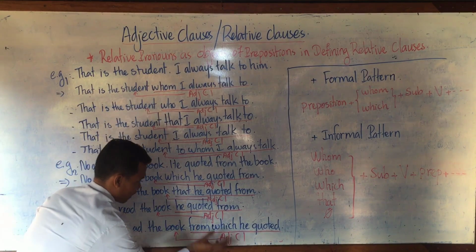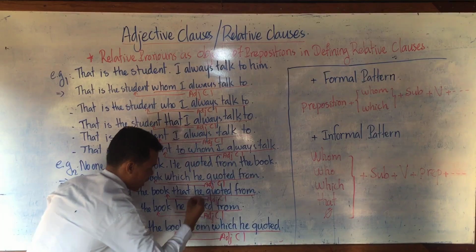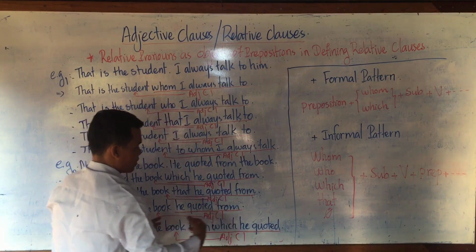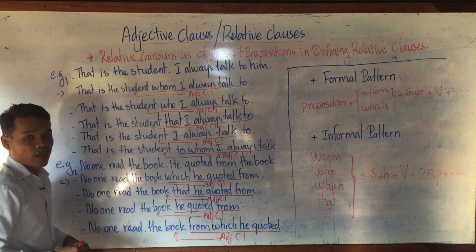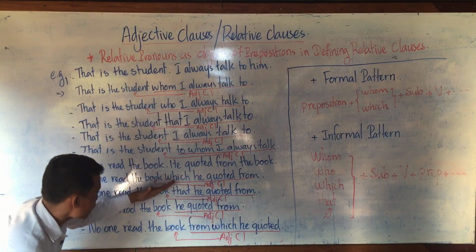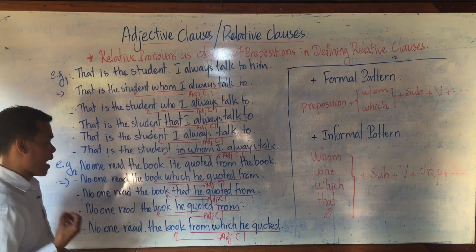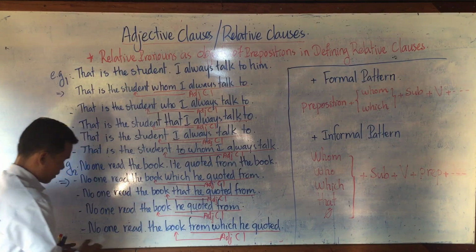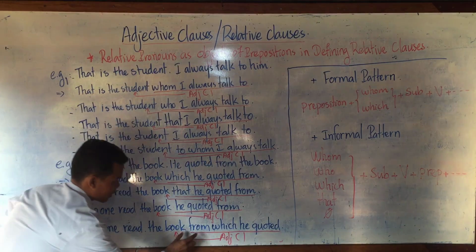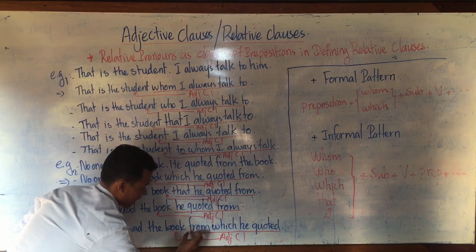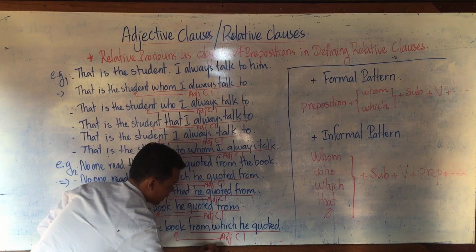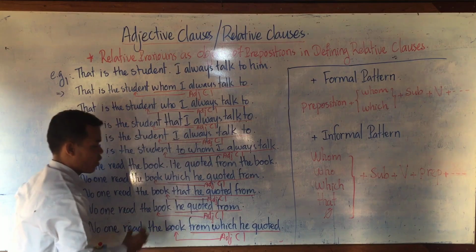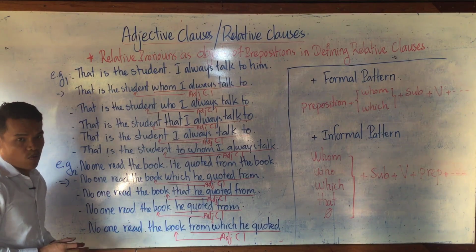And one more, we can place a preposition in front of the relative pronoun to make it more formal. So the question is, of these 4 sentences, which one is the most formal way? Well, the answer is the last one here. When you see the preposition come before the relative pronoun in a sentence, it is the formal way.